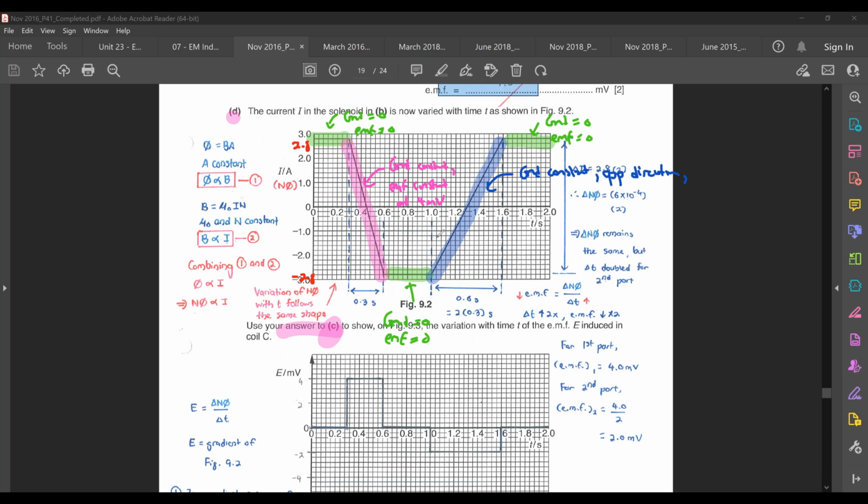It's actually less steep, but by how much? Since I'm really being given values here for my first EMF, you would be required to find out the value of the second EMF too. So how do I know what's the value of the second EMF? By looking at how much different is this gradient compared to the first gradient.